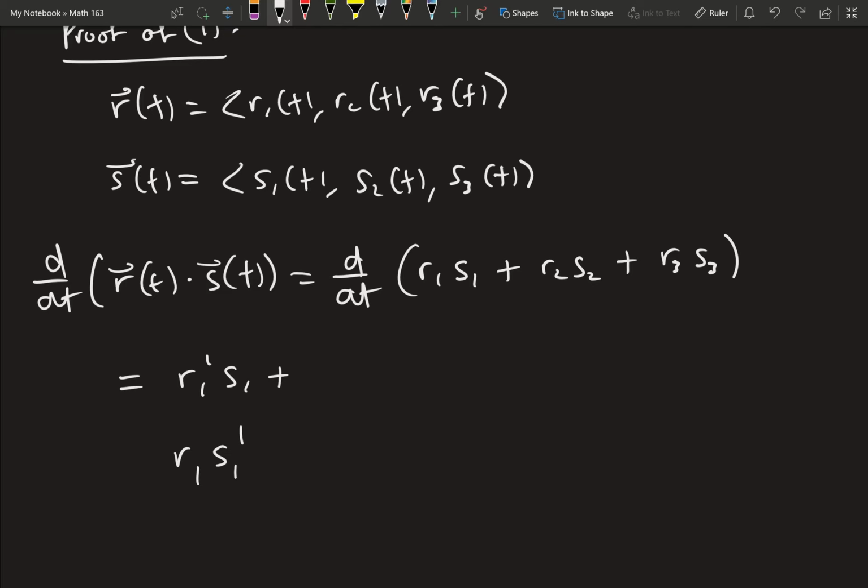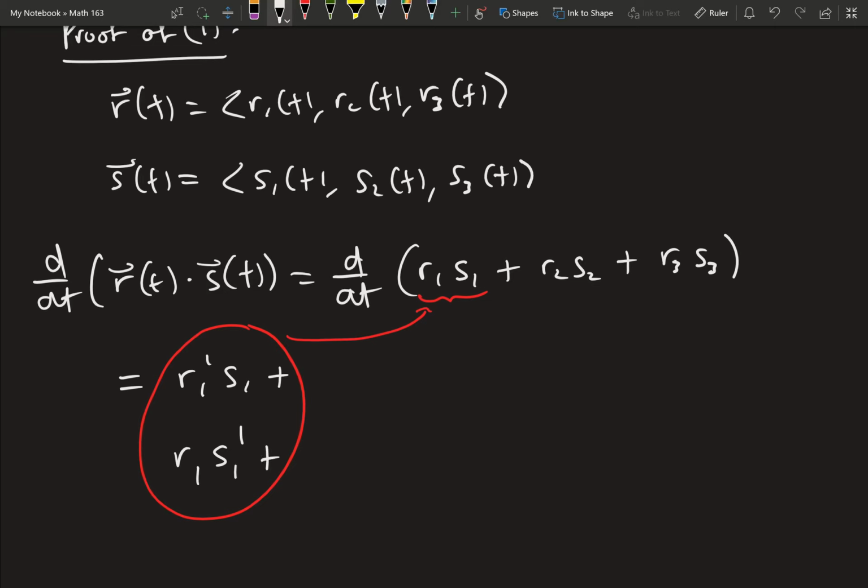Let me write it this way, as it's going to come out nicer. And you'll see why I'm collecting terms like this. So these two terms right here are the product rule applied to the first term. And I'm going to do it that way for each of these.